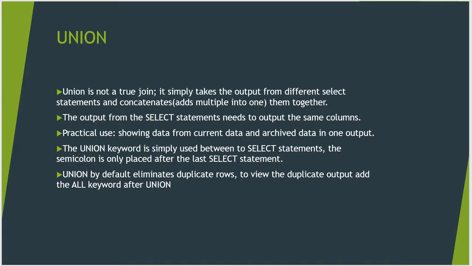The way you write it, you write a select statement, use the keyword union, enter another select statement, end it with a semicolon. Note the semicolon only goes at the very end of the second select statement. By default, union eliminates duplicate rows returned between the two select statements. If you want all rows between the select statements returned, use the all keyword at the end.